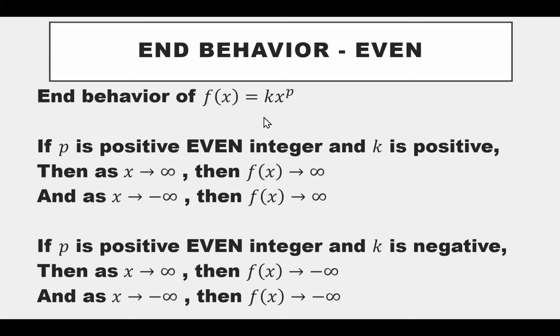Now, on the other hand, if k is negative, and we have x to the p where p is even, then as x gets bigger and bigger, my function value goes off to negative infinity. As we move towards the left on the graph, my function value goes to negative infinity. That's if k is negative.